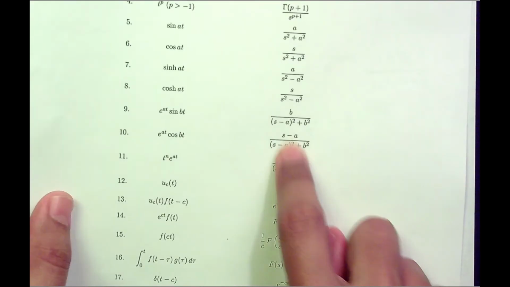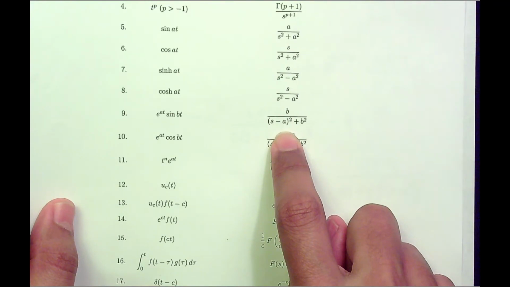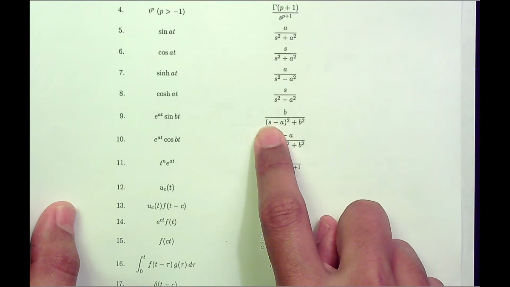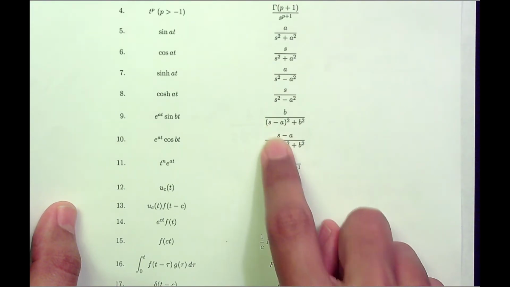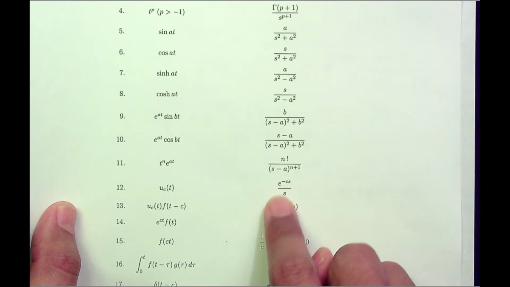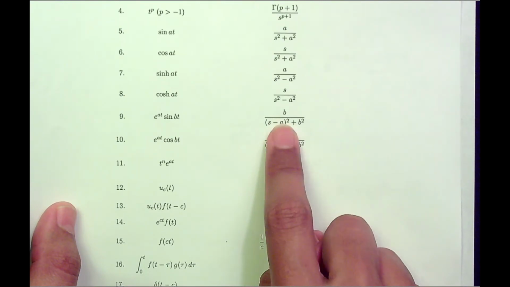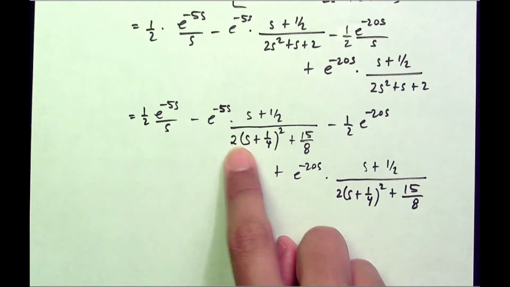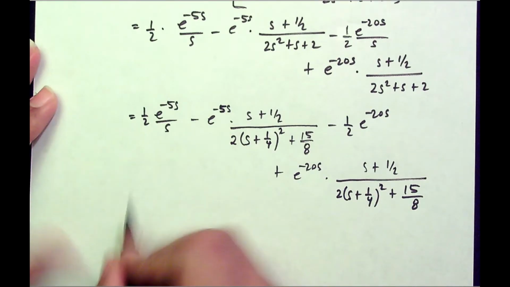Okay, still not quite ready, because you have to have it as a square of the form s minus a or s plus a, doesn't matter, squared, and there should not be a constant in front of that. You see, in none of these is there a constant in front. So in front of the square there shouldn't be a constant, and I have a 2 in there. So we need to fix this. This is still not quite ready.